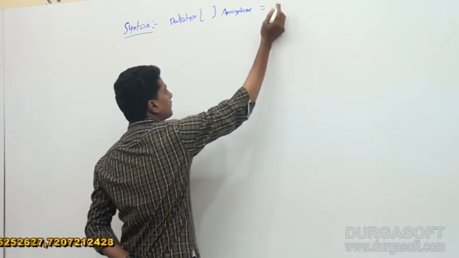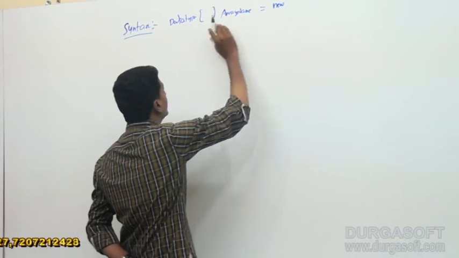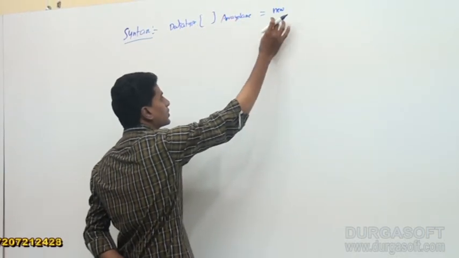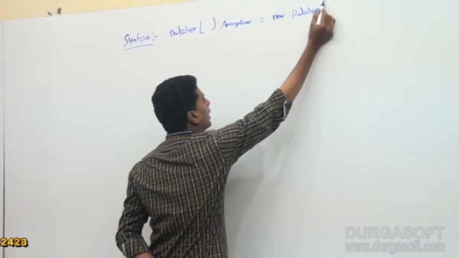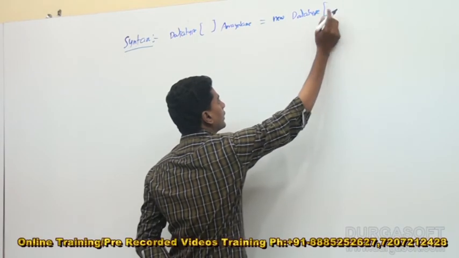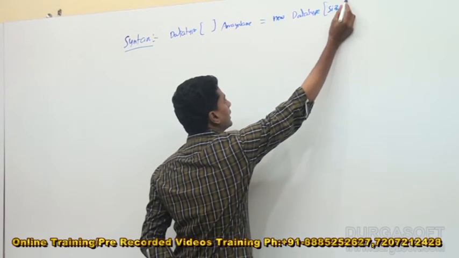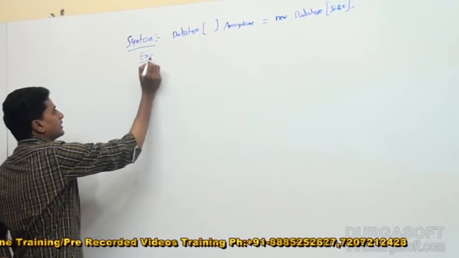So what is the use of new keyword, which will be discussed in later session? What is the importance of new keyword? Data type, square bracket, array name equal to new, again data type of, then size of the array we have to declare here. Okay, size, array size.